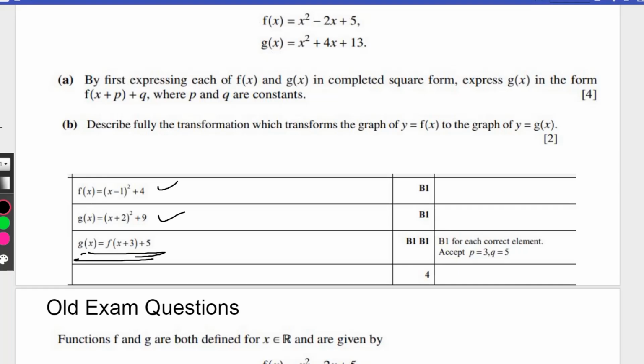Like I said, they're talking about that notation there. And then it says, describe fully the transformation which transforms this to that. So what exactly happened from f of x to g of x? Pause it and jot it down, and then start back up again.